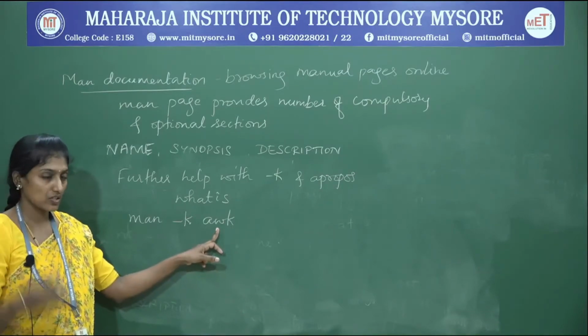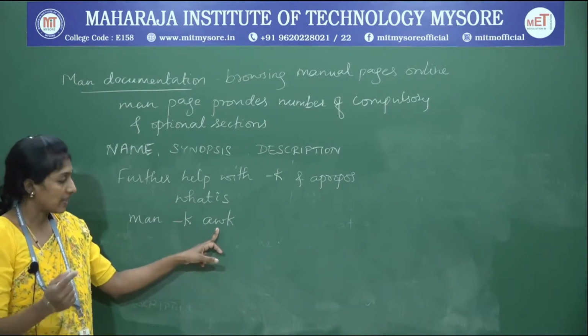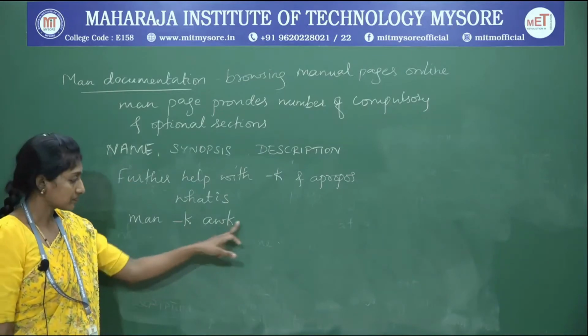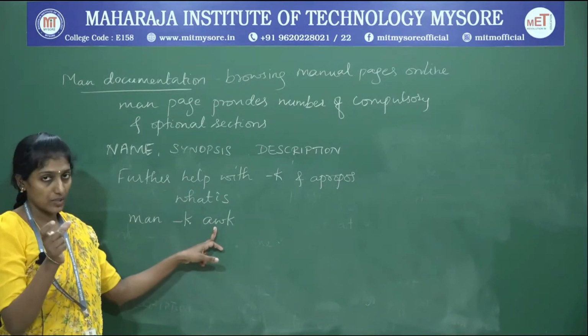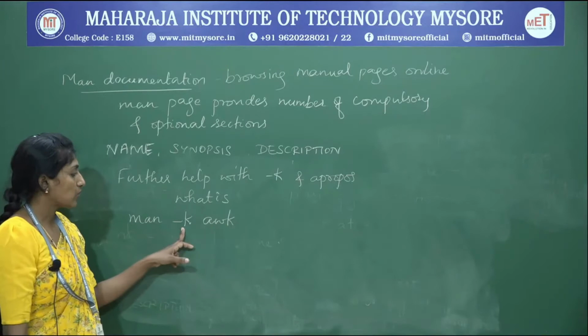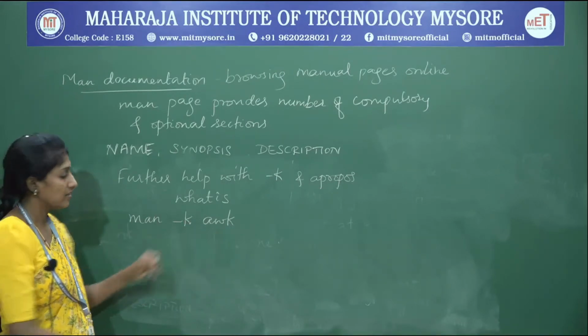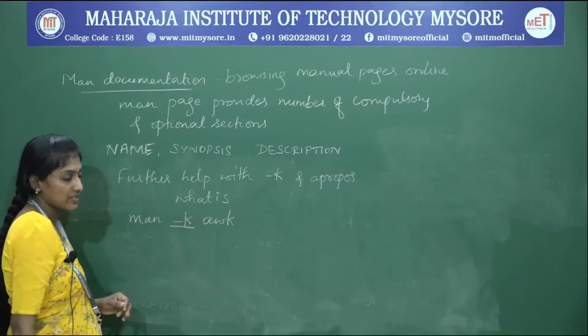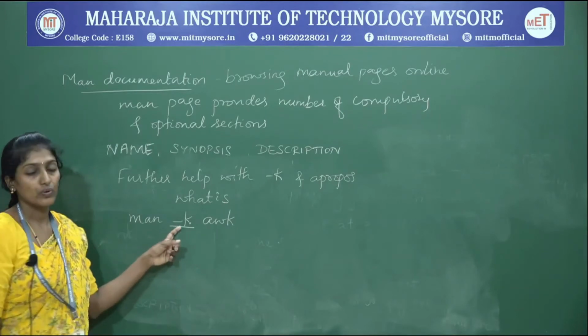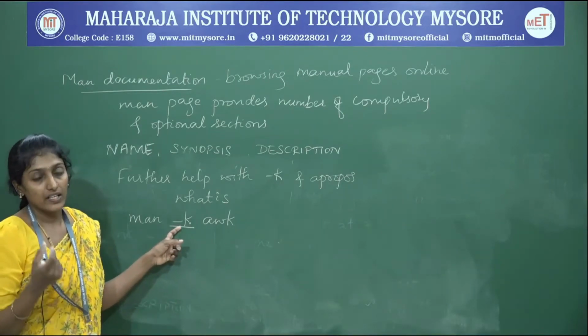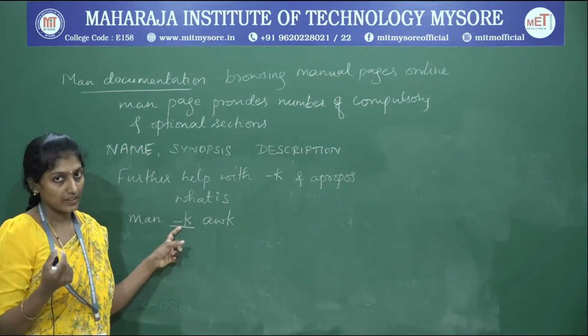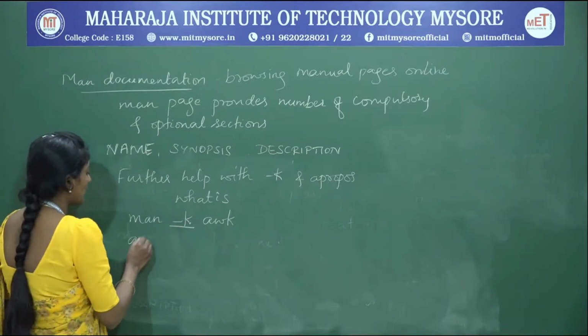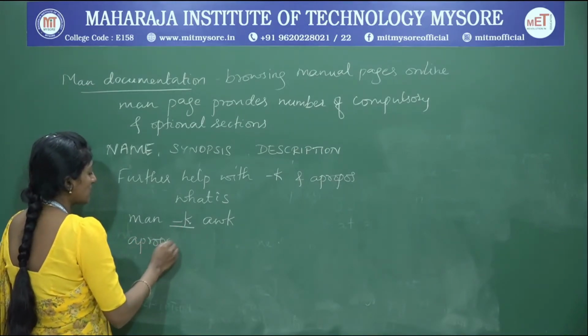So this is going to print out the complete database description in one line. That is what -k awk represents. So this is basically used to provide a summary description regarding a database. Likewise, one more is apropos.